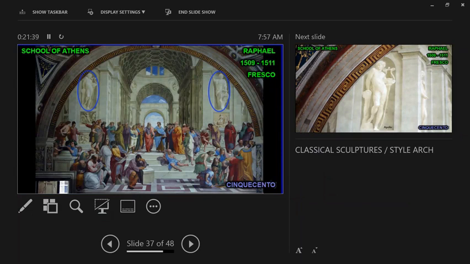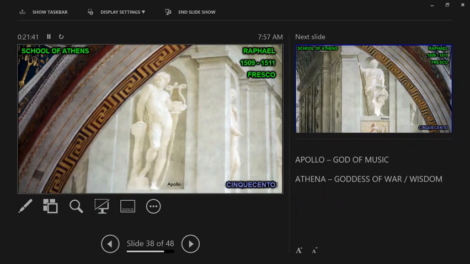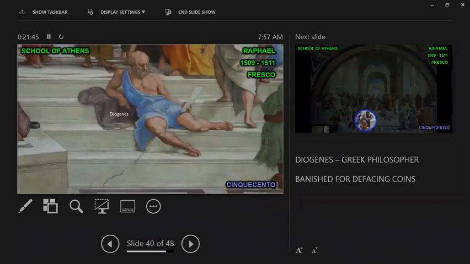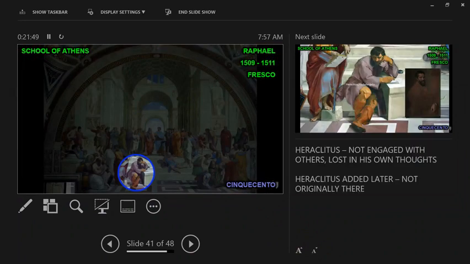In the background, we have a statue of Apollo and then one of Athena. Diogenes is in there. He's laying on the stairs. And then we have this figure right here, Heraclitus, and he's not engaged with the others. He's lost in his own thoughts. And Heraclitus was added later.